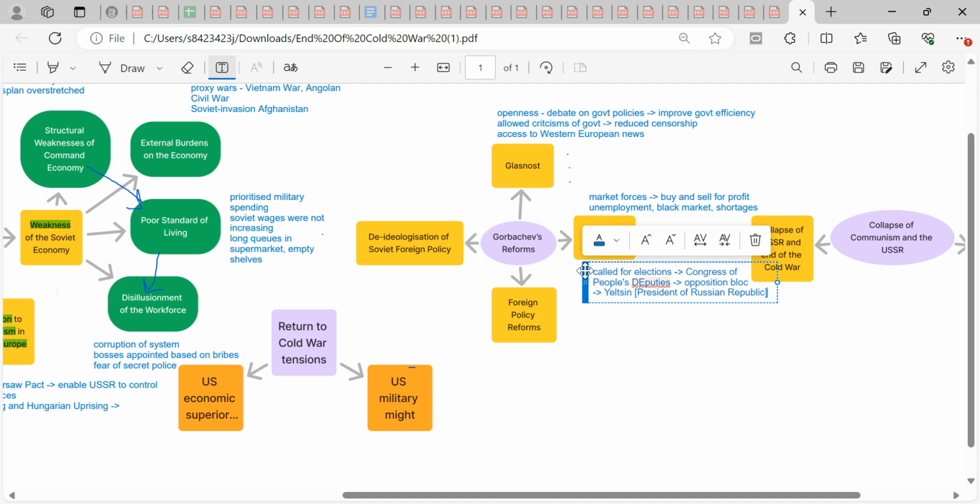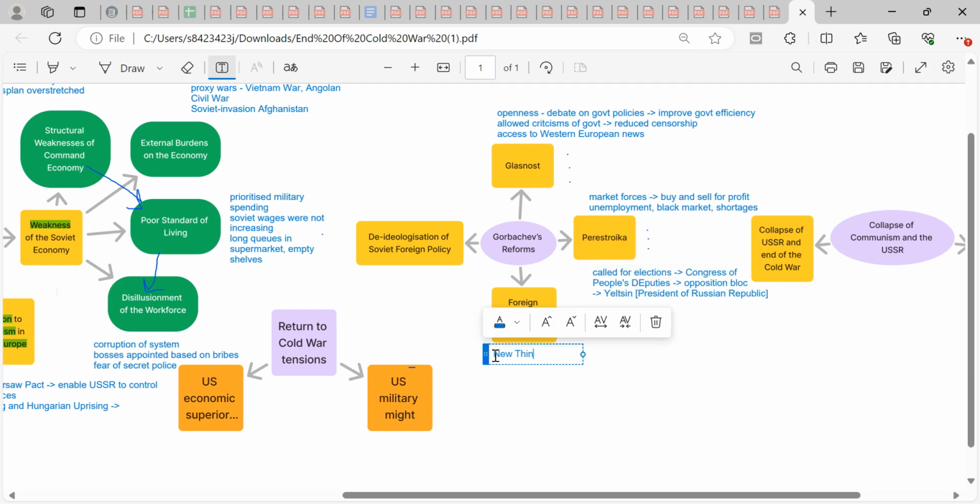Foreign policy reforms: his new thinking is, of course, basically no more Cold War rivalry, focusing on cooperation with America. Later on we'll see this in the form of the Reagan-Gorbachev summits.